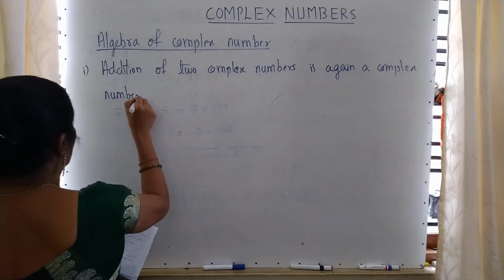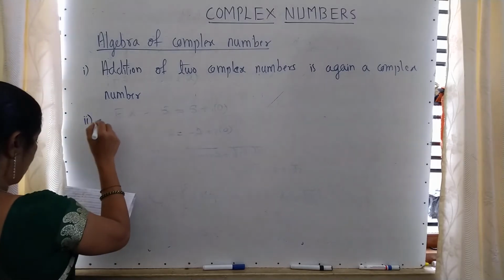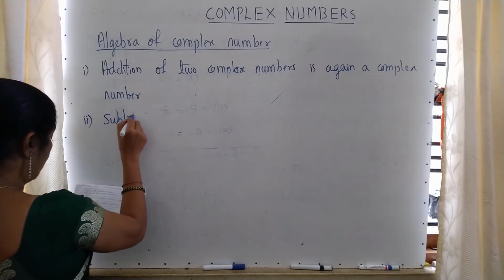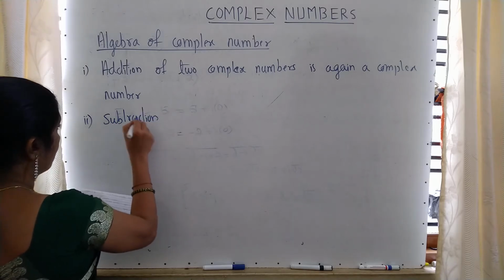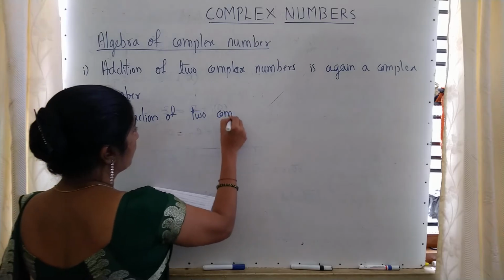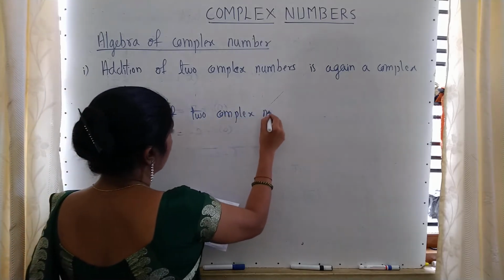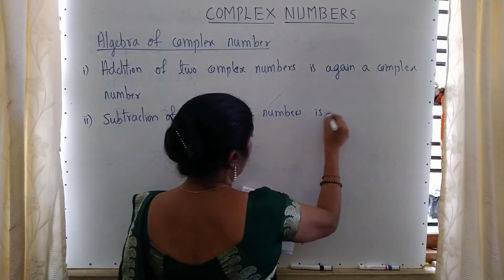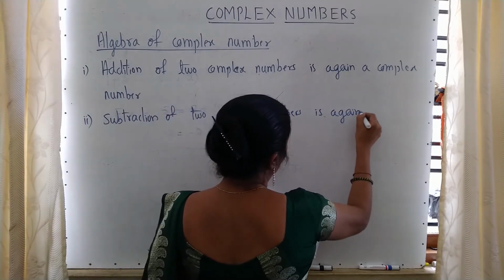Next, subtraction of 2 complex numbers is again a complex number.